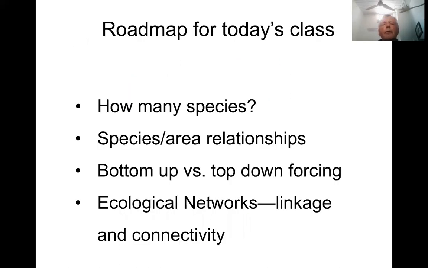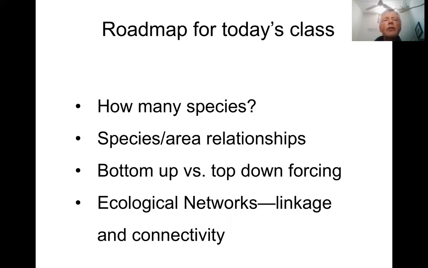So a roadmap for today's last class, I'm going to talk about 4 things, some fairly briefly, others in much more detail. Since ecology is about the distribution and abundance of species, an obvious question is how many species are there? So we'll talk a little bit about that. Then we're going to talk about species area relationships, how the abundance of species changes as the area of measurement changes or becomes larger.